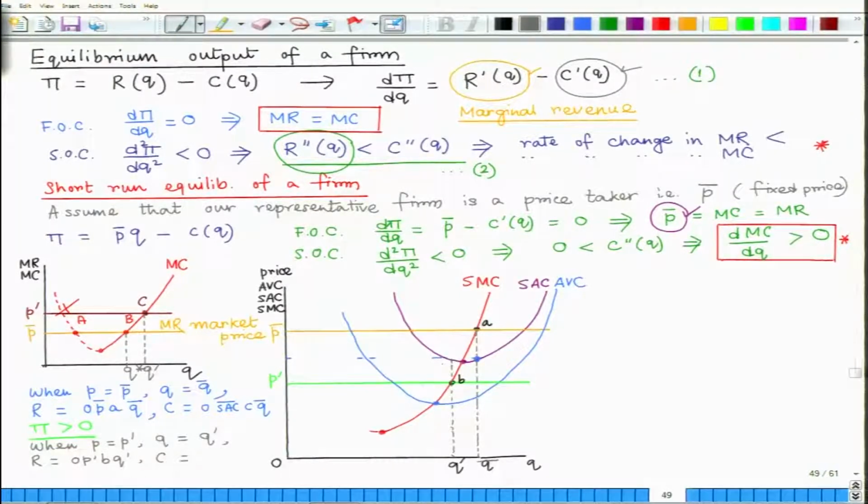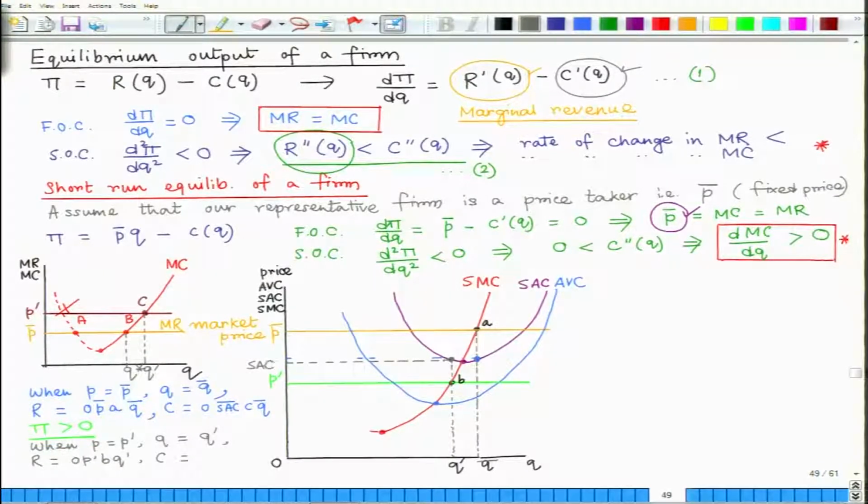So basically I have to extend that perpendicular line at Q prime level of output, till that perpendicular line meets the short run average cost curve, and then we see from the axis I can get the short run average cost of production at that output level.